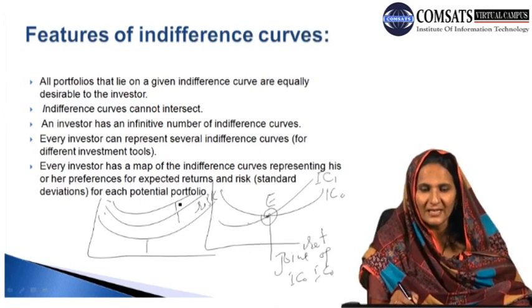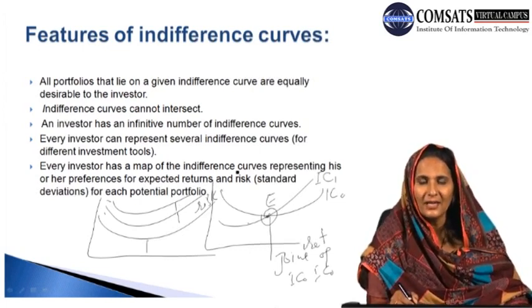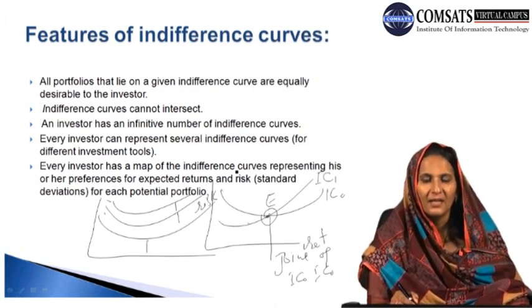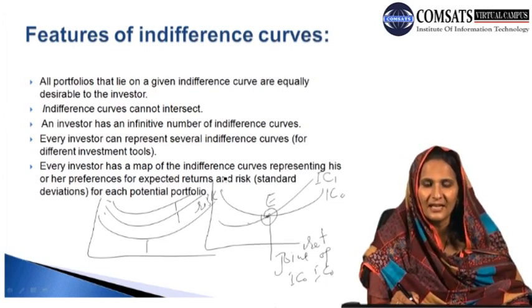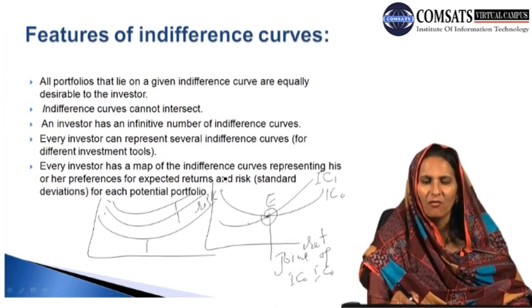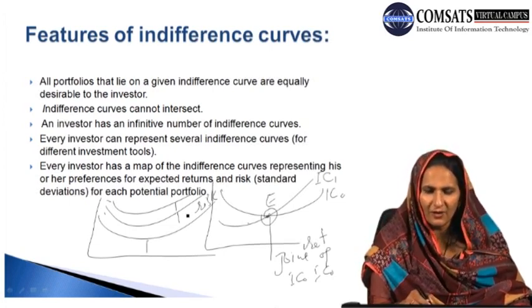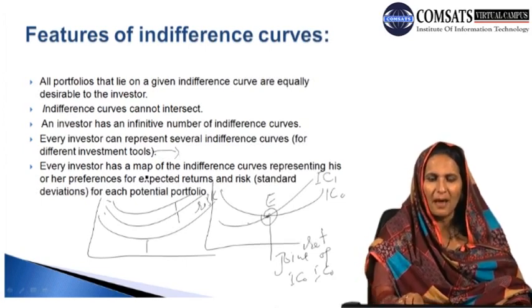Therefore, all combinations on one indifference curve are equally desirable, and the curves cannot intersect. Another feature of the indifference curve is that an investor can represent several indifference curves for different investment tools and different investment portfolios, which make the investment map.